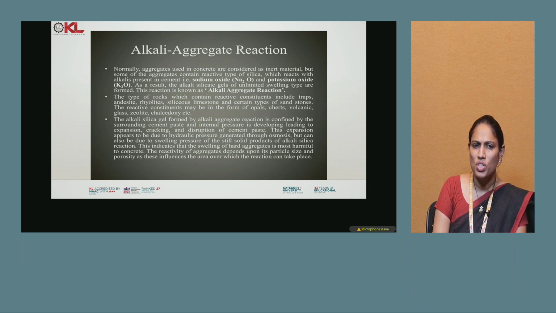This expansion appears to be hydraulic pressure generated through osmosis, but it can also be due to swelling pressure and solid silica reaction products.